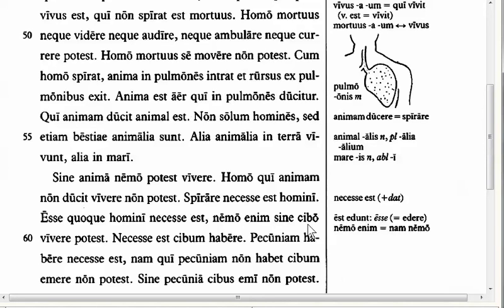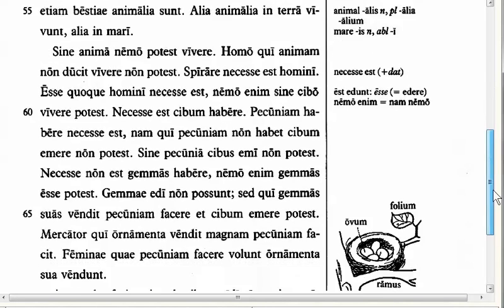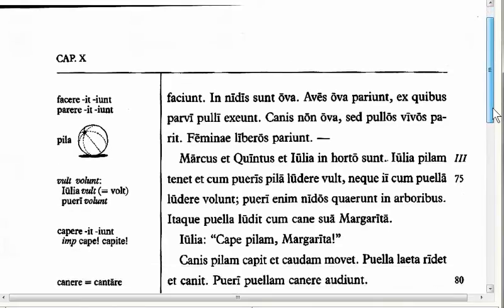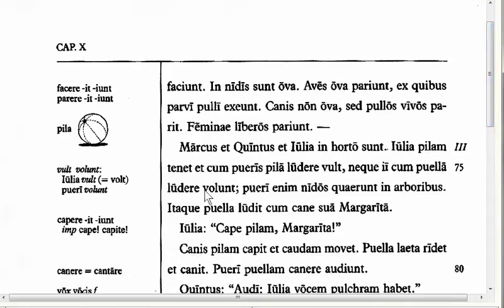In lines 75 and 76, we have "Julia pilam tenet et cum pueris pila ludera vult, neque cum puella ludera volunt." So Julia has a ball and she wants to play with the ball with the boys, and they do not want, neque volunt, to play with the girl.